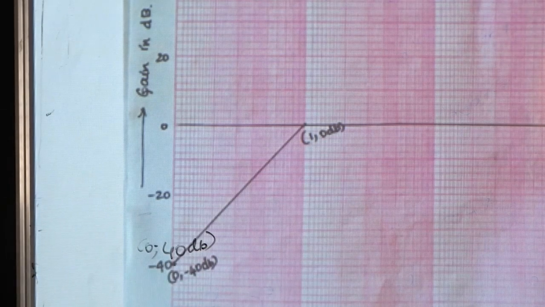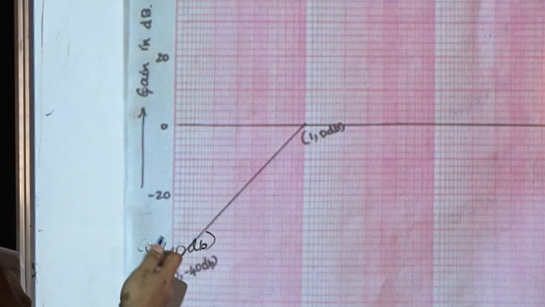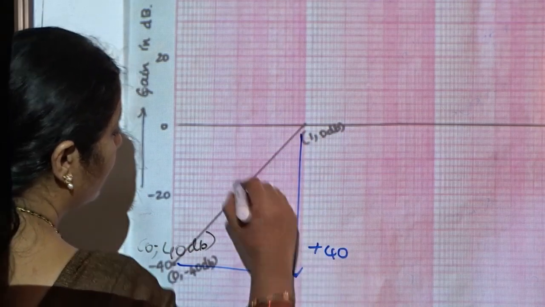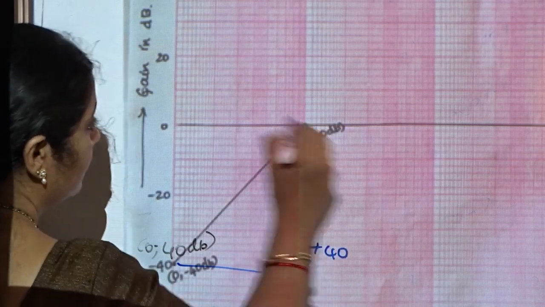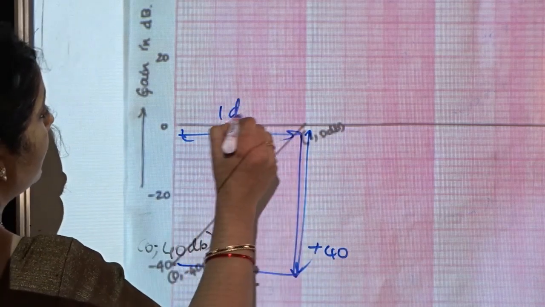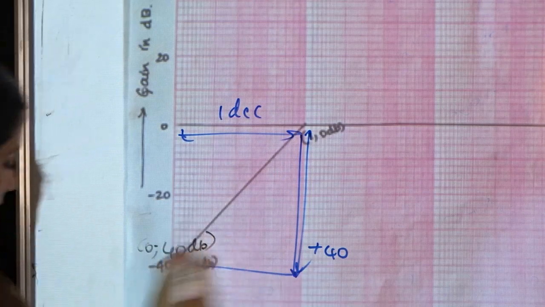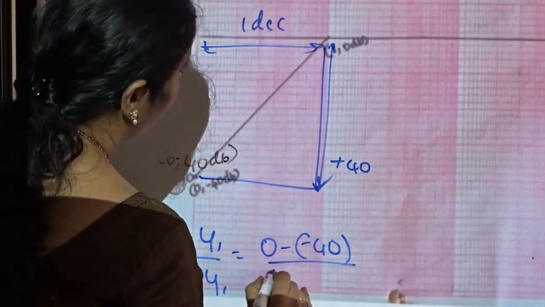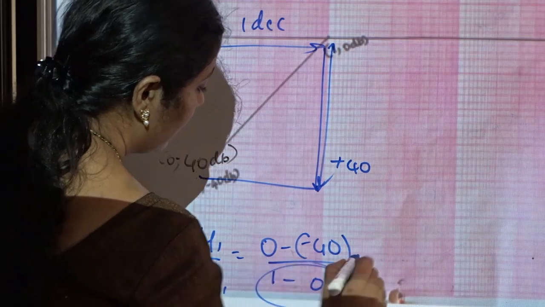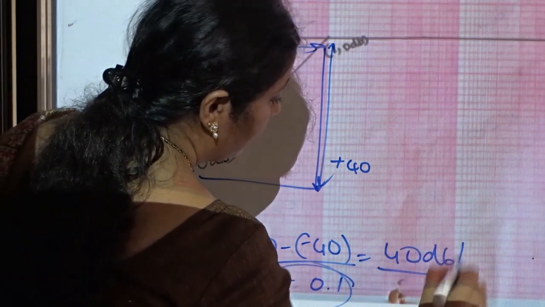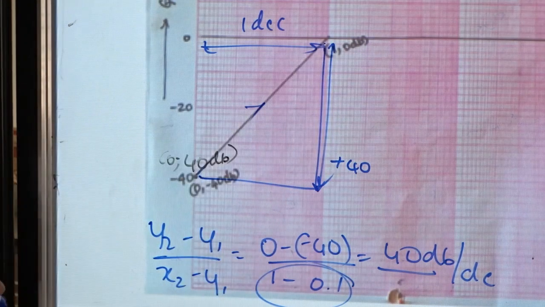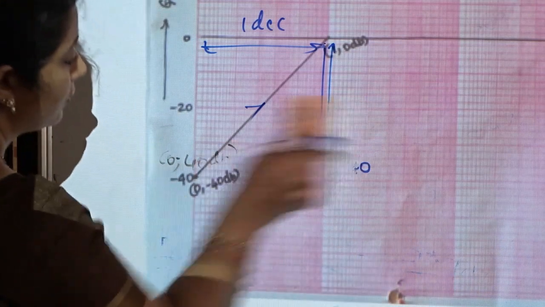The difference should give us plus 40 dB, and from here to here it should be 1 decade. Now let us use y2 minus y1 by x2 minus x1, which is 40 by 1 minus 0.1. This is a decade, so this is 40 dB per decade. So we are going up like this. This is the graph we have to draw.